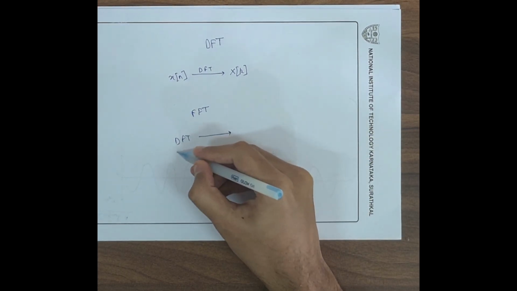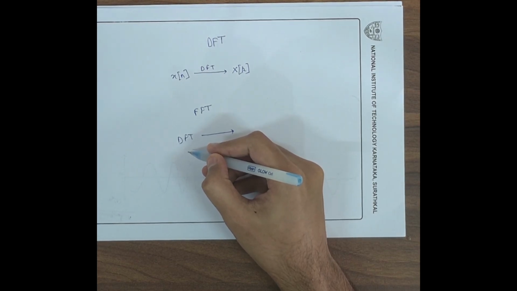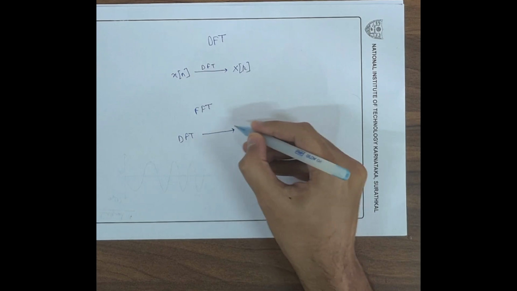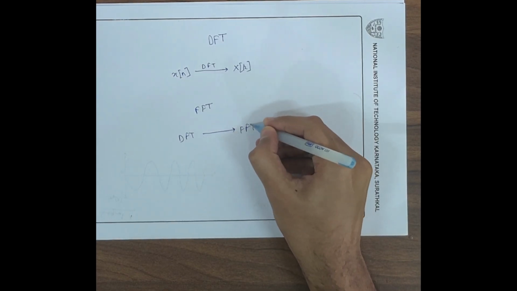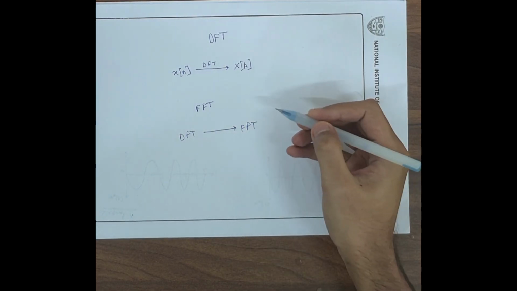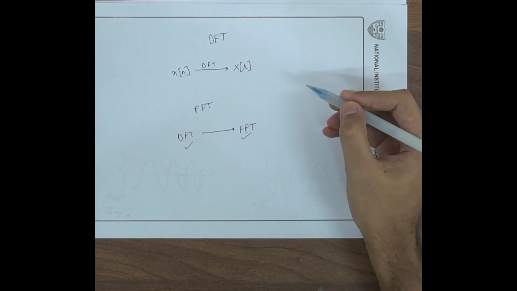Because this discrete Fourier transform would be computed by software, it needs to be very efficient, right? You need to calculate it very quickly. So that algorithm is given by the fast Fourier transform, or FFT. But at its core, both of them are the same. This is just an algorithm, whereas this is the tool.